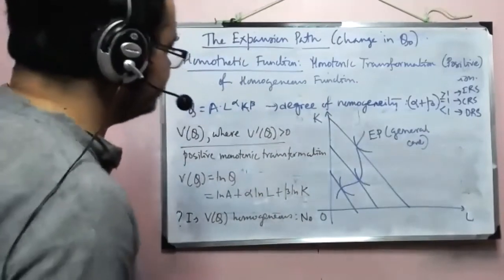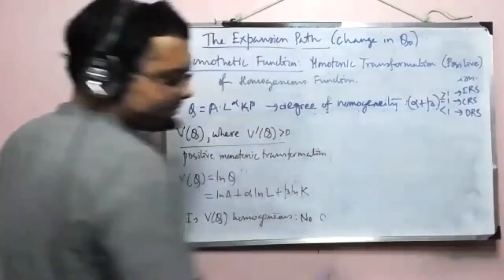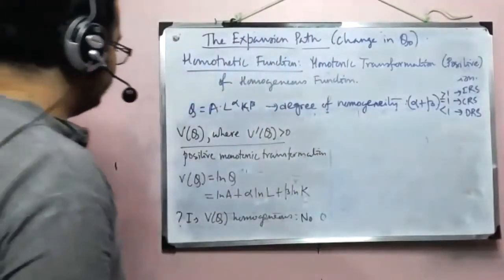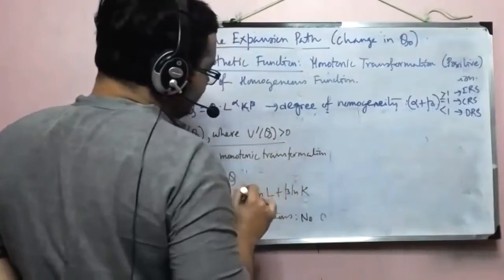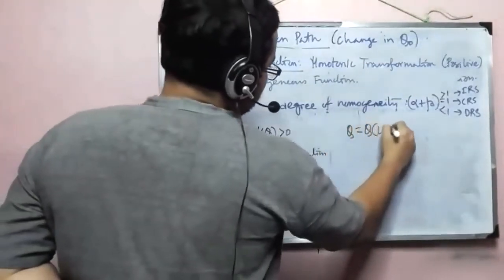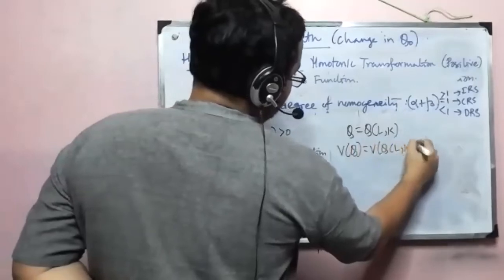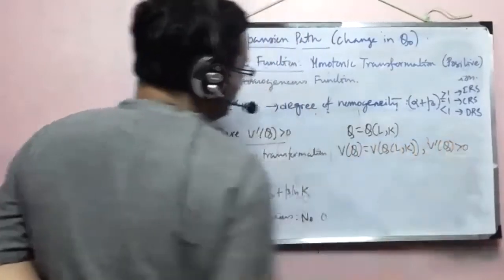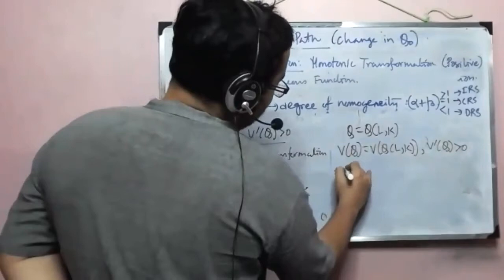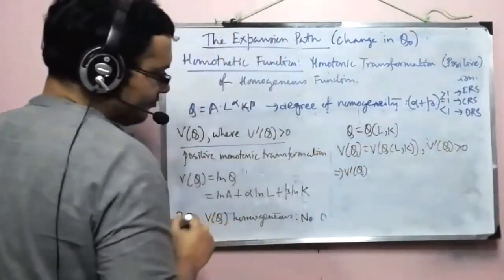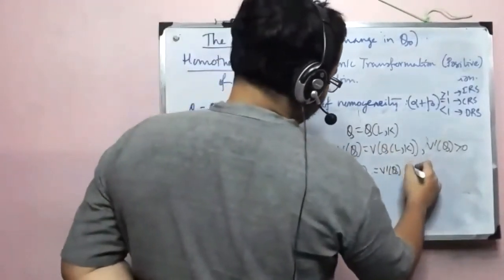But there is one advantage. Since this is a positive monotonic transformation, if I consider Q to be Q of L comma K, and V of Q as V of Q of L comma K with V dash Q positive, I'm talking about the general scenario.